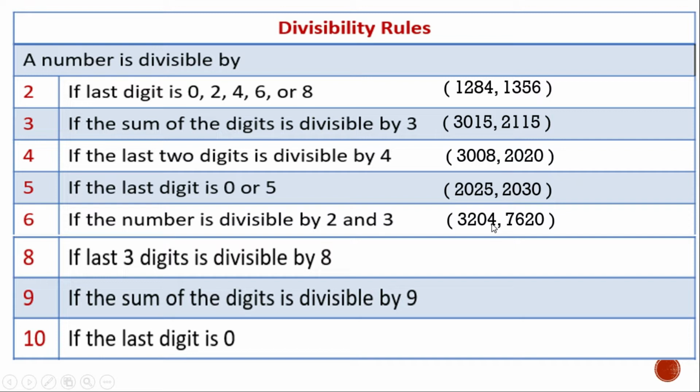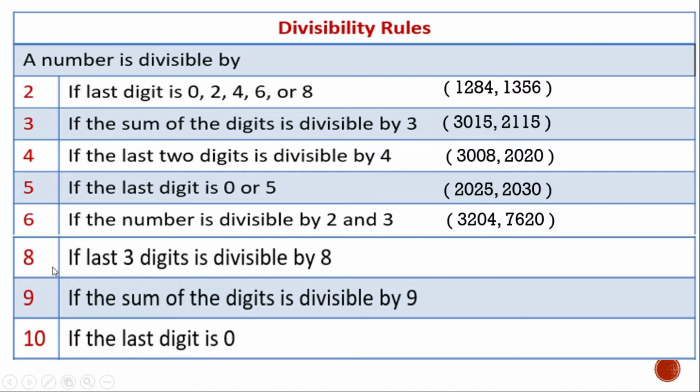See, the given numbers have 4 and 0 as the last digit. So, it is an even number and it is divisible by 2. What about for 3? When you add, this will give you 9 and here it is 15. So, 9 and 15 are divisible by 3. So, these two numbers are divisible by 6.